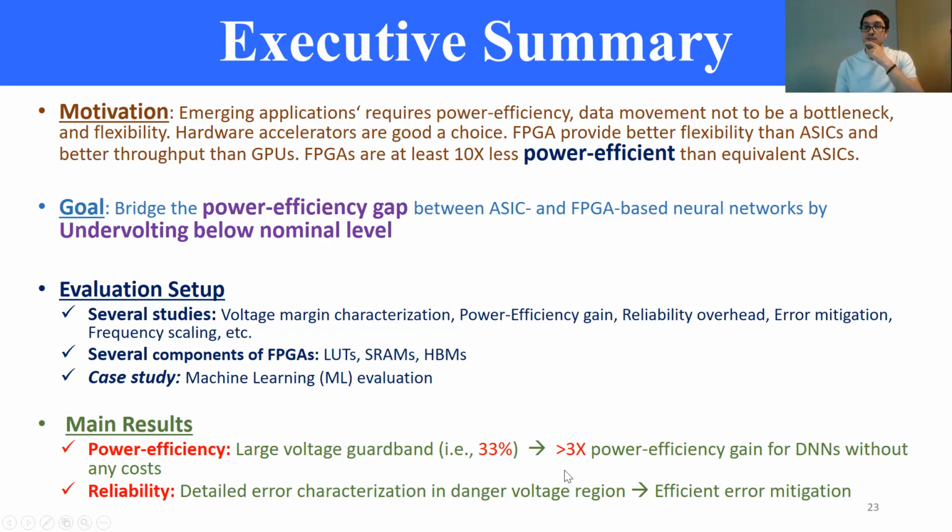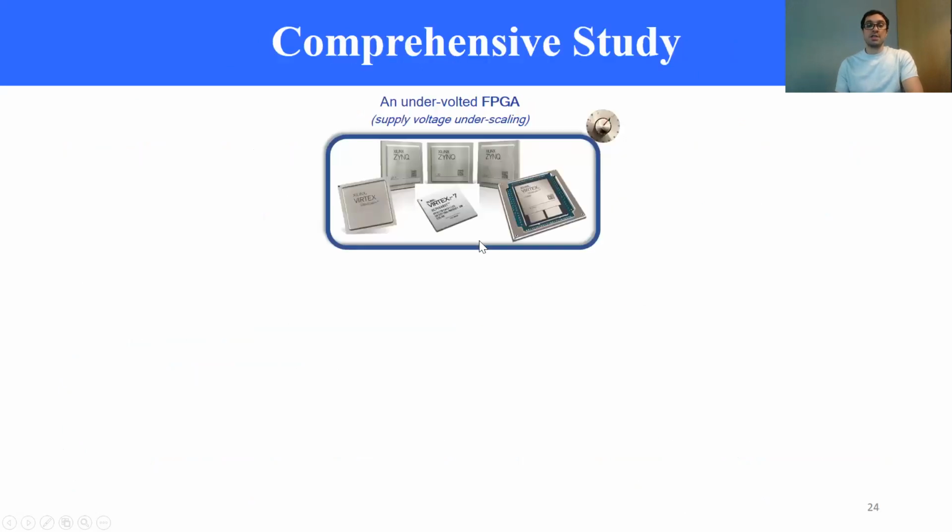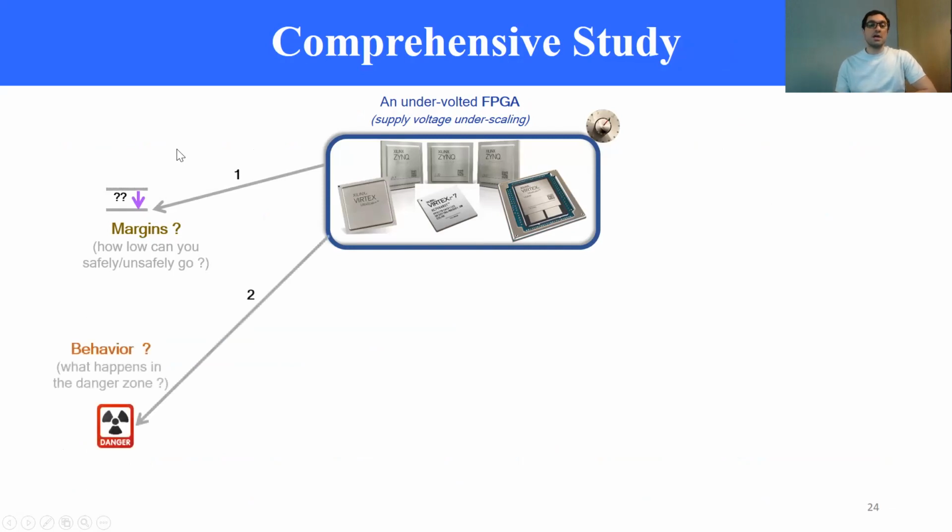We achieved more than 3 times power saving on average, which includes eliminating the voltage margin, and also further undervolting below the voltage margin, which has the cost of reliability. We also did a lot of analysis of reliability, some of which I have shown in this presentation, but there is even more that can be found in our paper. You remember this figure. We did more analysis for different types of FPGAs in terms of margin, different technology nodes, for example.